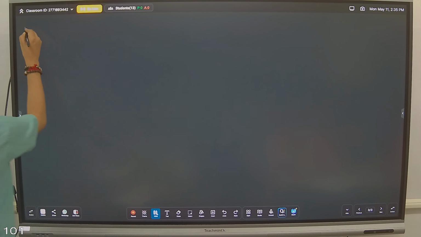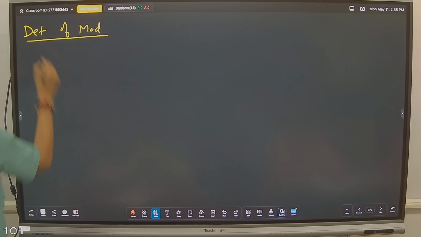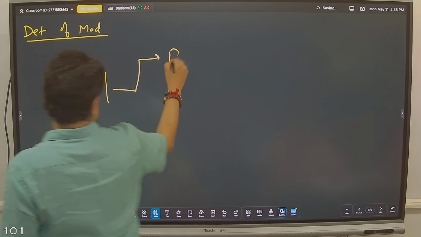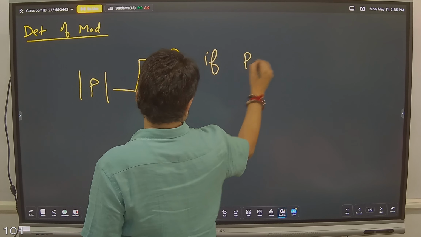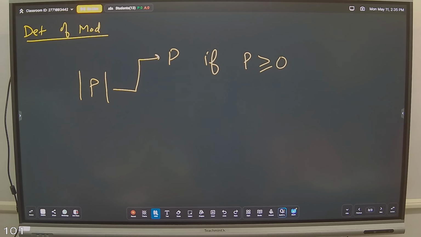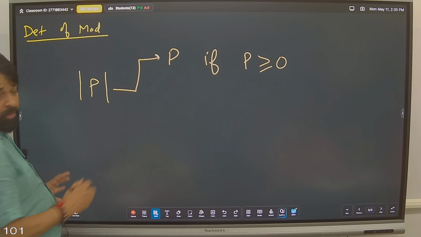So, the definition of mod. Simple. Mod P is P if P is greater than or equal to 0. I hope all of you understood why I wrote it. If P is greater than 0, mod P can be written as P. Yes or no?